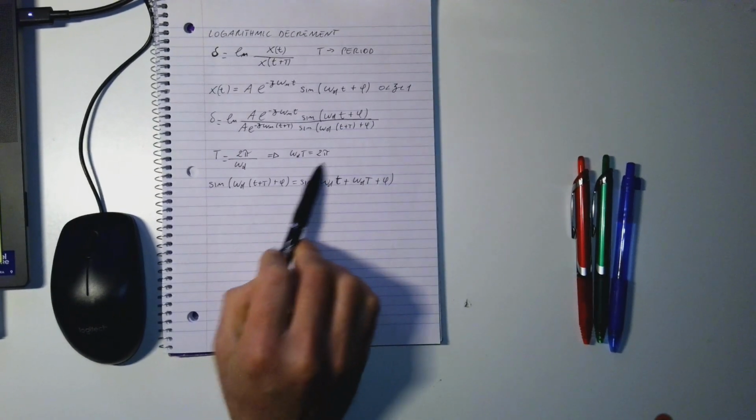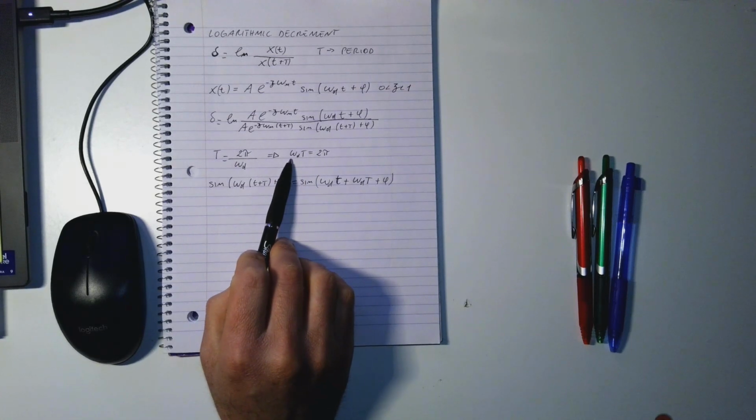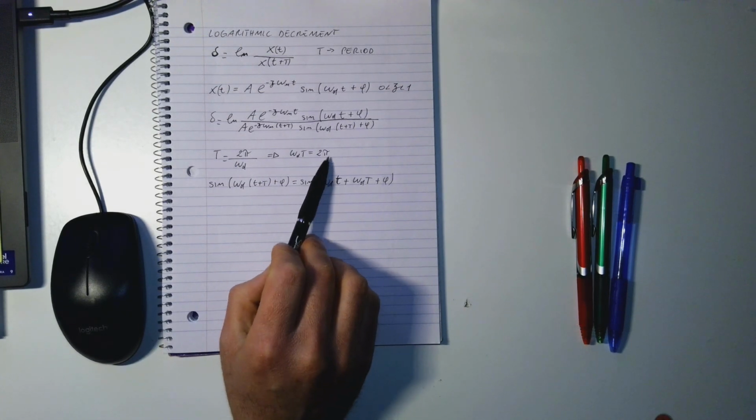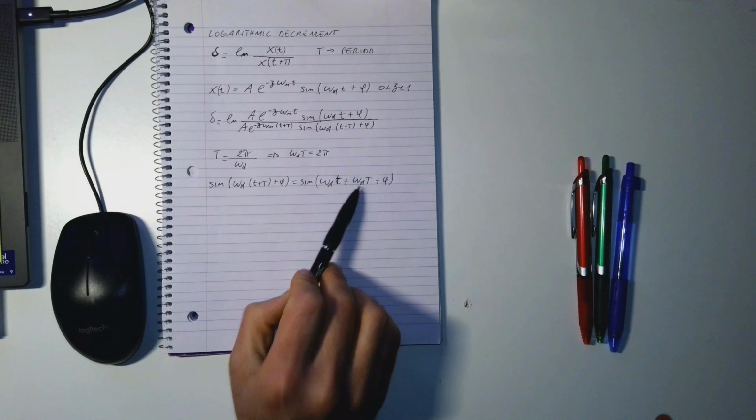From here we know that omega d uppercase T is equal to 2 pi, so we can simply plug this 2 pi here.